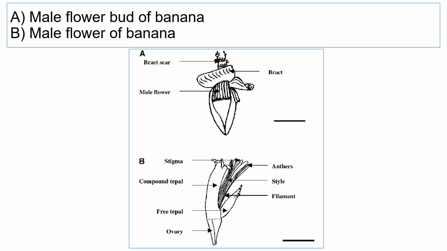These are the male flowers arranged, and there will be style and stigma, then anther and filament, and this is the free tepal, and here you can see the compound tepal. And this is the ovary, which will finally develop into the fruit in the case of female flower, and this ovary will be bigger in size when it comes to the female flowers.